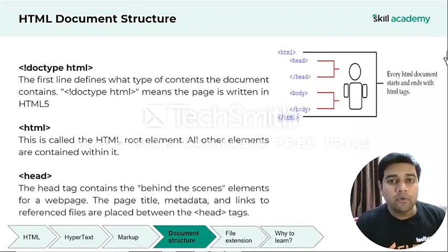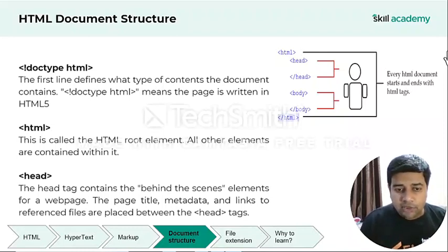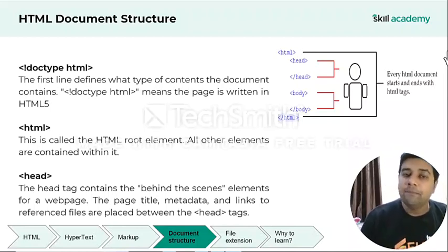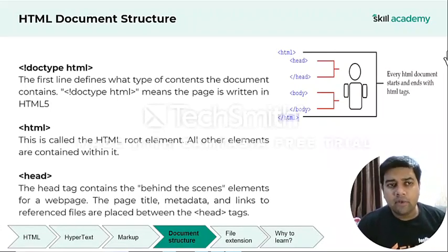So if you are using external CSS or any JavaScript file, that reference file information we need to specify in the head tag. So head tag we will be using for the title, and in future when we are using CSS and JavaScript, we are going to specify that referenced file within this head tag.